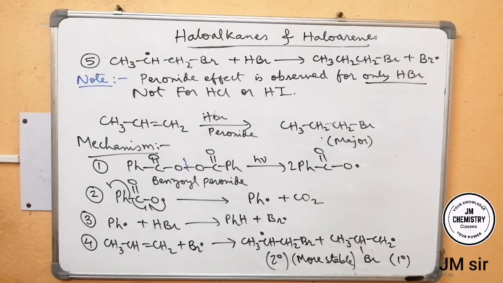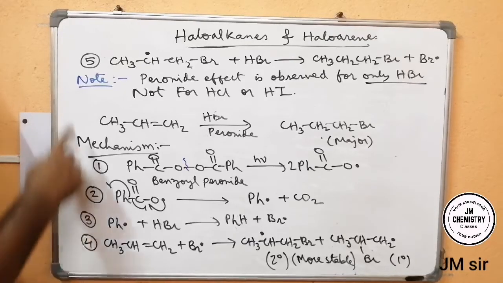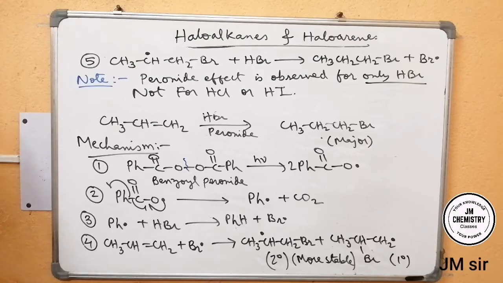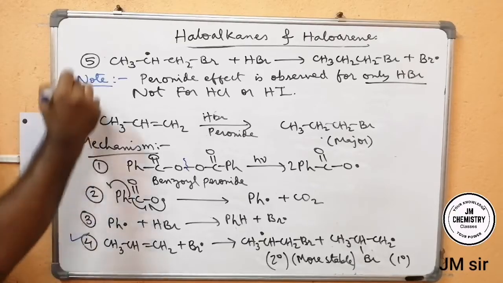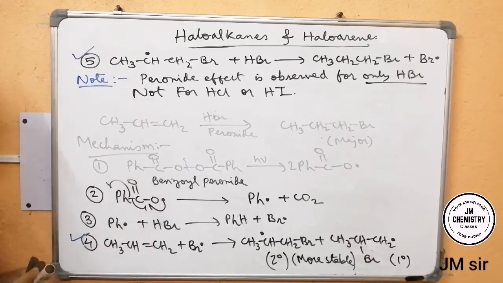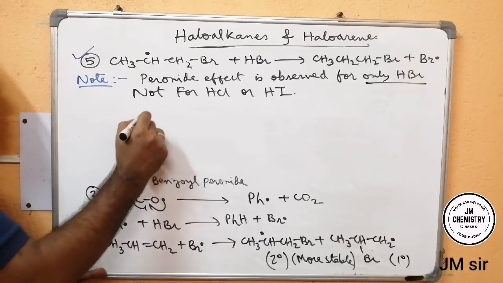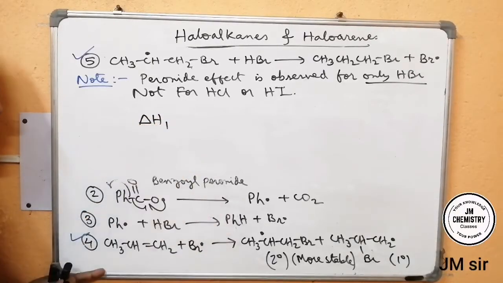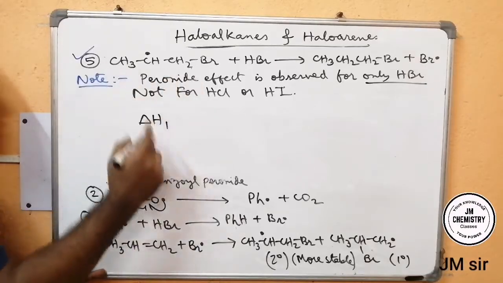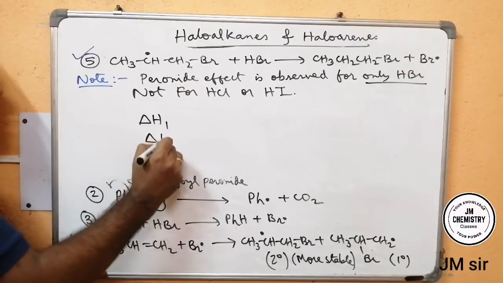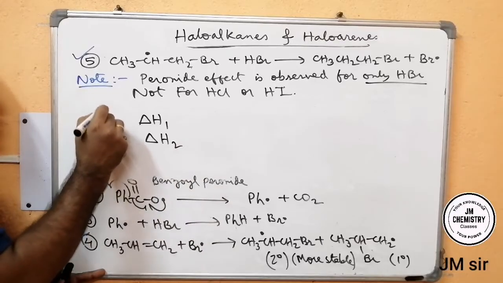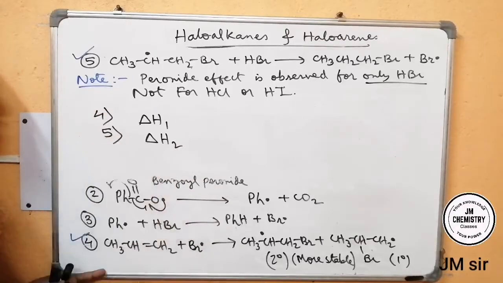Why is it not for HCl or HI? Just think of this fourth and fifth step. Suppose for the fourth step, the enthalpy of the reaction is delta H1, and for the fifth step the enthalpy is delta H2.